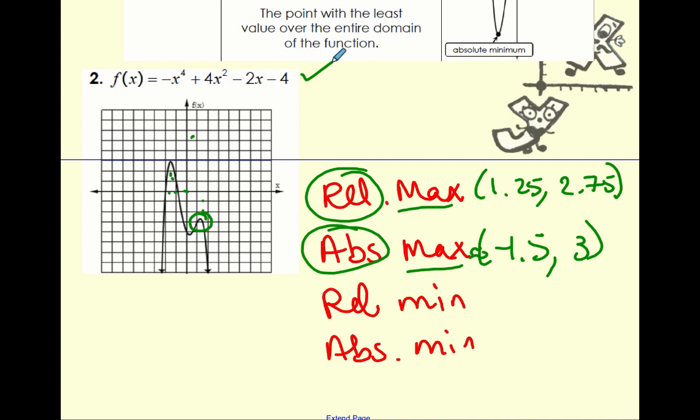Okay, now, do we have any relative minimum or absolute minimum? Minimums, remember, go from when it's decreasing to increasing. As I'm looking and tracing this graph, I see that it's going from decreasing to increasing right here. But these arrows say that my range is going to go on to negative infinity, which means there is no absolute minimum. This is just going to be a relative minimum.